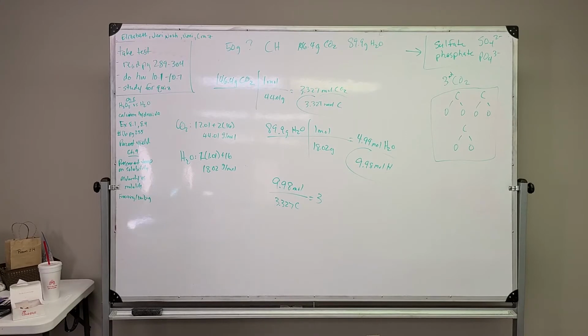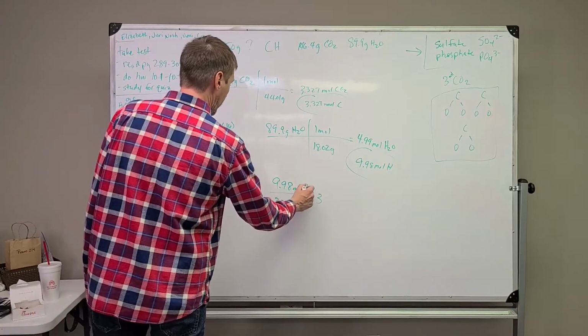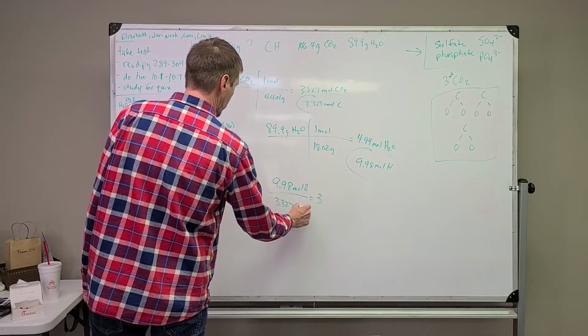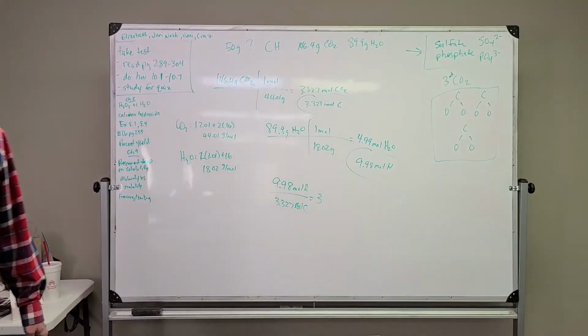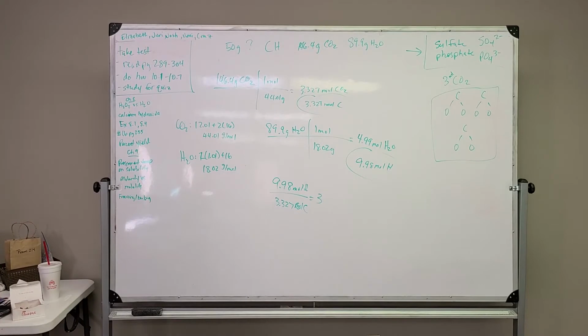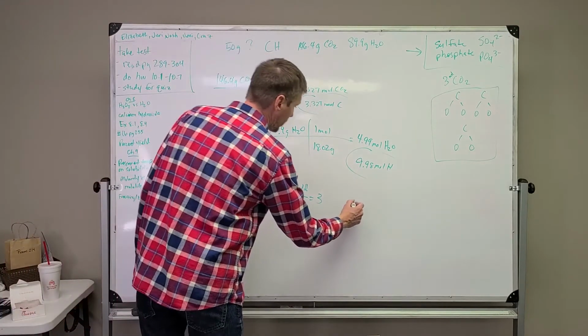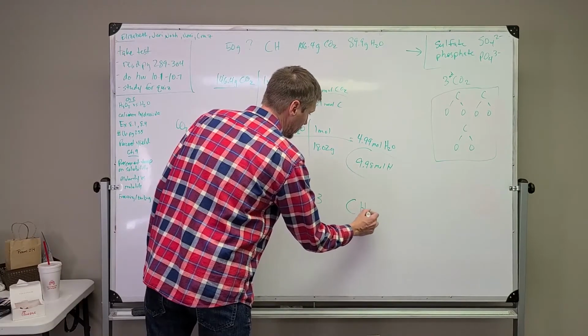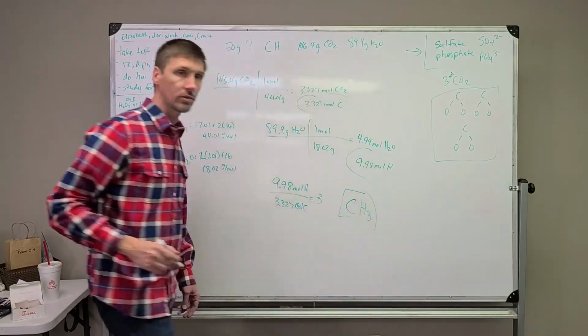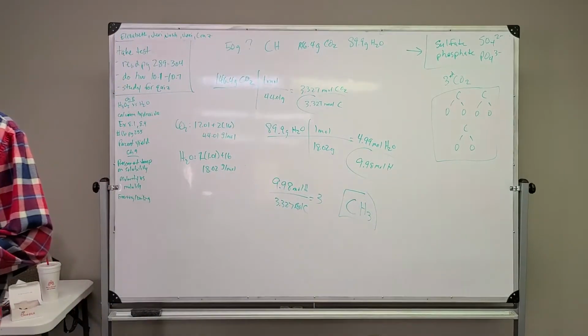That's the ratio of hydrogen to carbon atoms. We put the number of hydrogen on top and the number of carbon atoms on the bottom. So there's 3 times as many hydrogen atoms as there are carbon atoms, right? So our empirical formula would be CH3, and that would be our final answer. Okay?